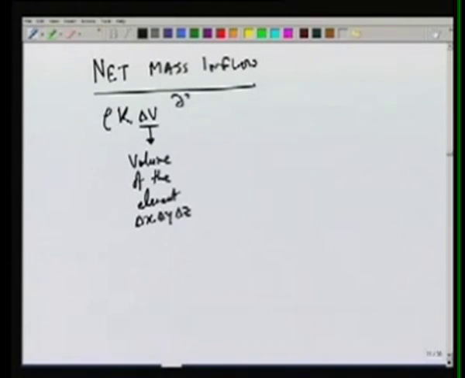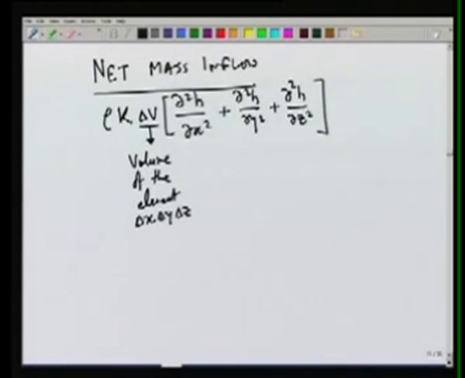Into, we have the contribution from the x direction, del 2h by del x square, and similar terms for y and z directions. Now, the continuity equation says that this net mass inflow should be equal to the change of storage within the control volume.